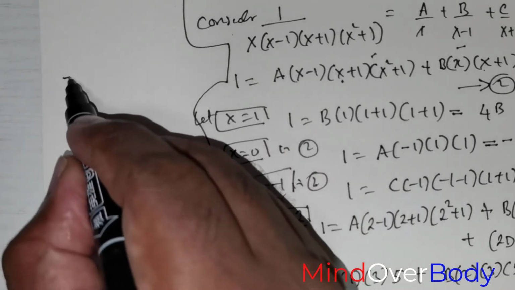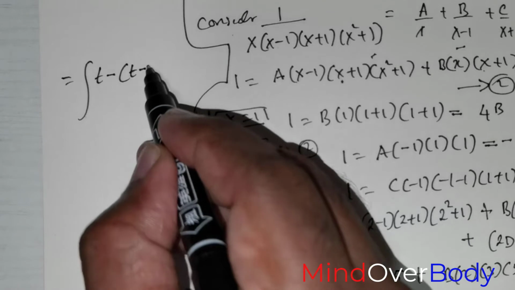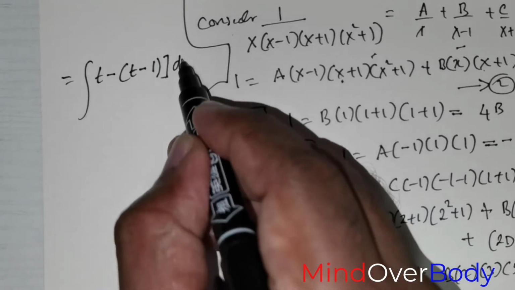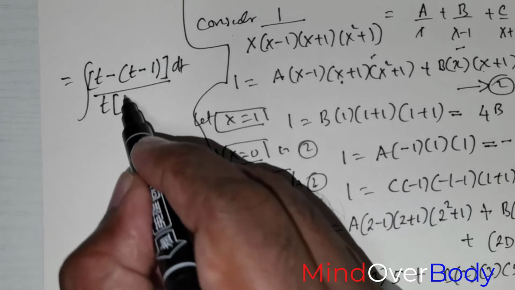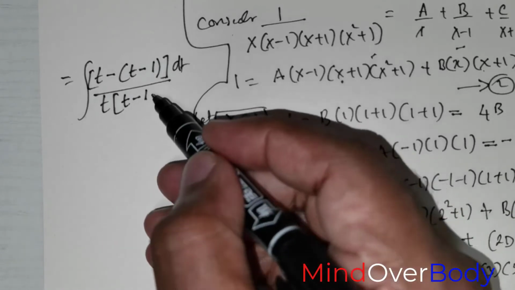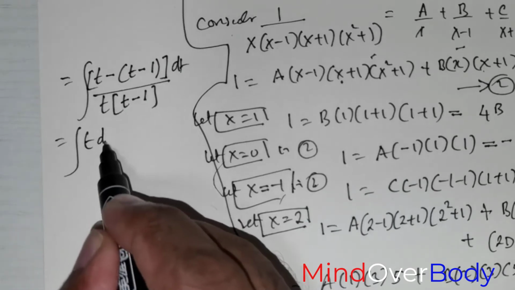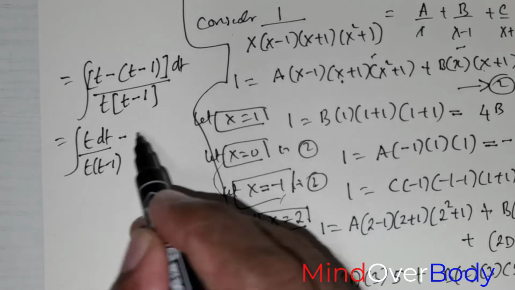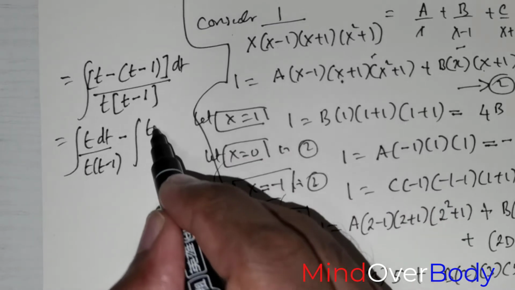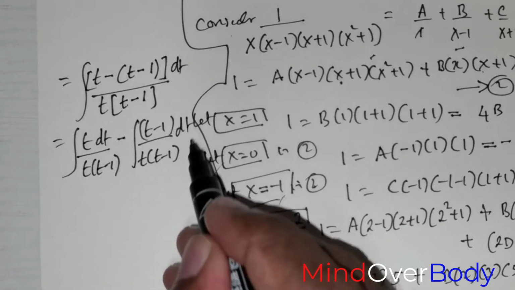So starting with, I've got integral of t minus of t minus 1 times dt divided by, the denominator is t of t minus 1. So I can split this as t times dt over t of t minus 1, followed by a negative sign, and t minus 1 over t of t minus 1 times dt.